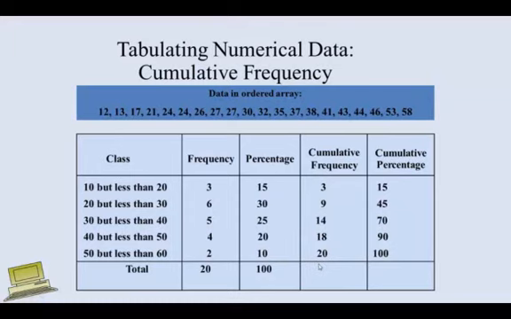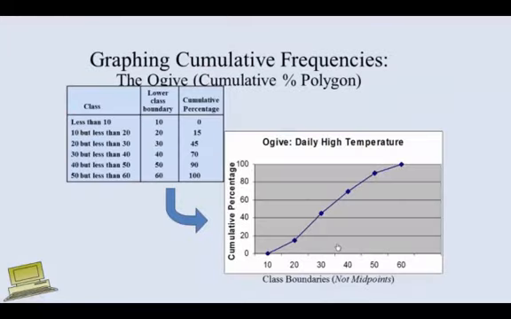For forming the cumulative frequency polygon we will plot this cumulative frequency against the class boundaries. The difference between the frequency polygon, or you can say the histogram, and the cumulative frequency polygon is this: that we can plot midpoints for the histogram, whereas for this cumulative frequency polygon, also known as ogive, we can only use the class boundaries, not the midpoints.